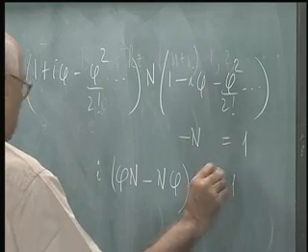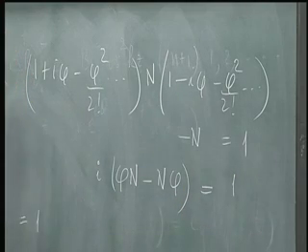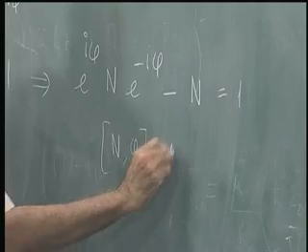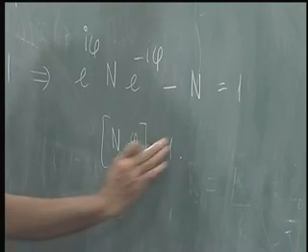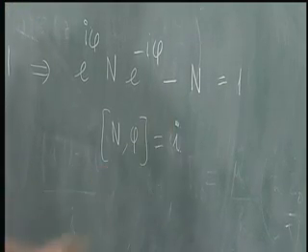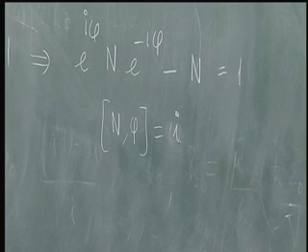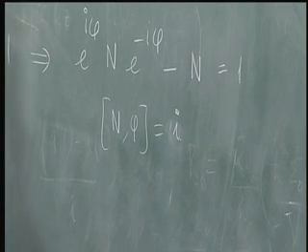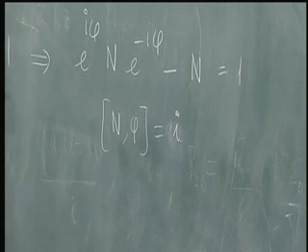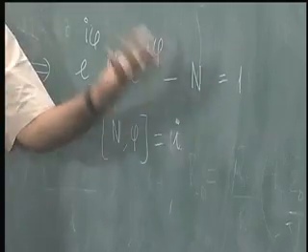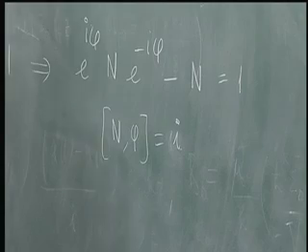1, or it looks like this is sustainable if I define [n, phi] equal to i. Okay. So it looks like we are almost there, because just as I had [a, a dagger] equal to 1, I have [n, phi] equal to i times the unit operator.